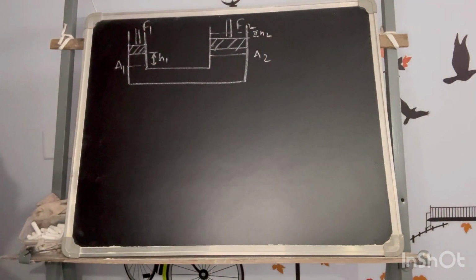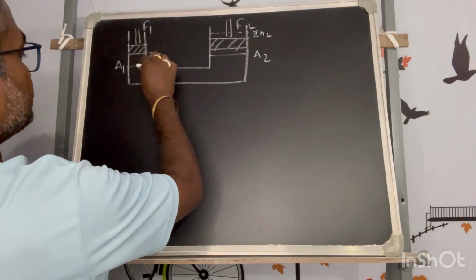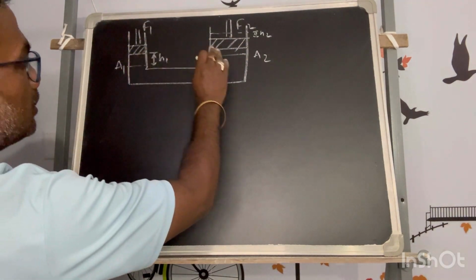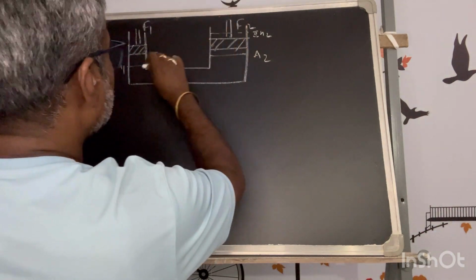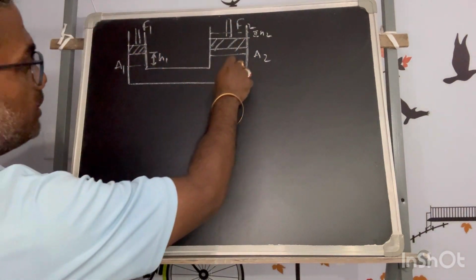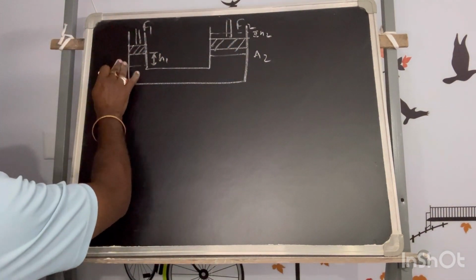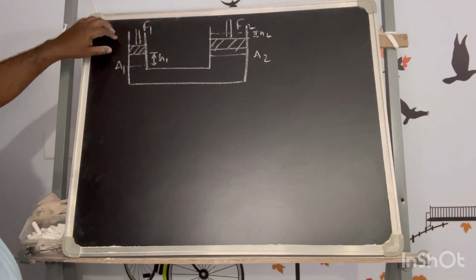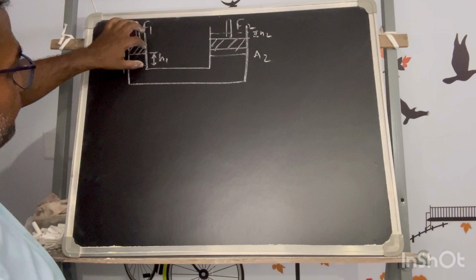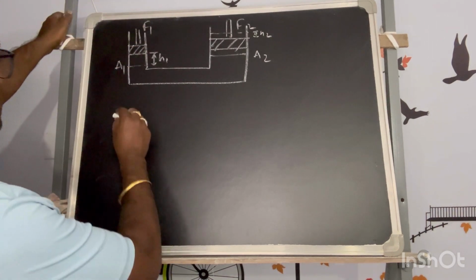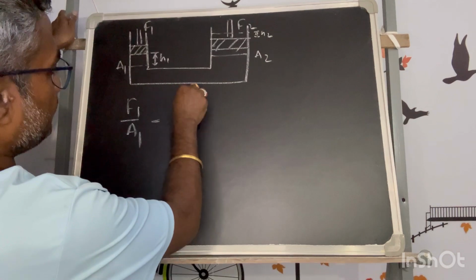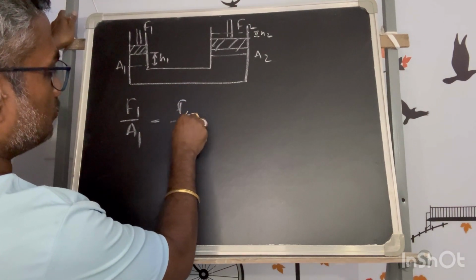It is incompressible, that means whatever fluid will come down here, the same fluid will go up there, because there is no additional fluid coming. So let's say the pressure, F1 by A1 is equal to F2 by A2.